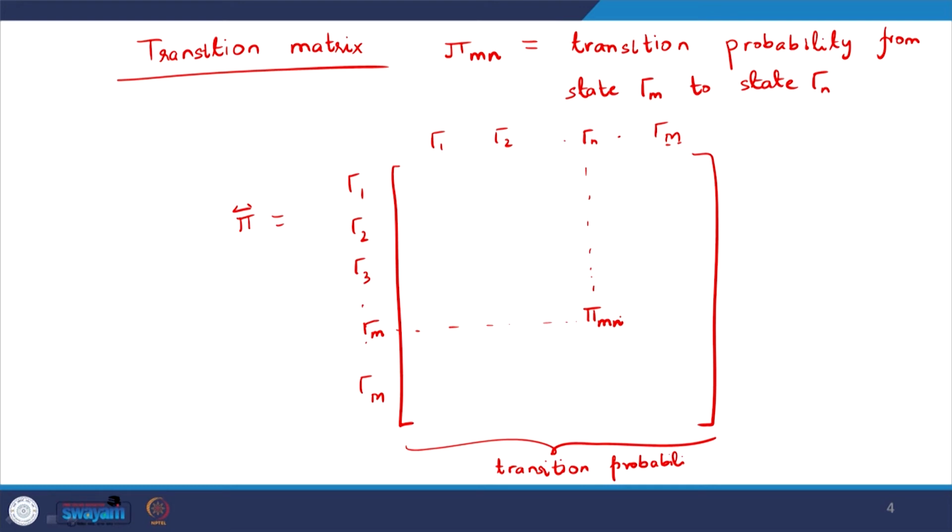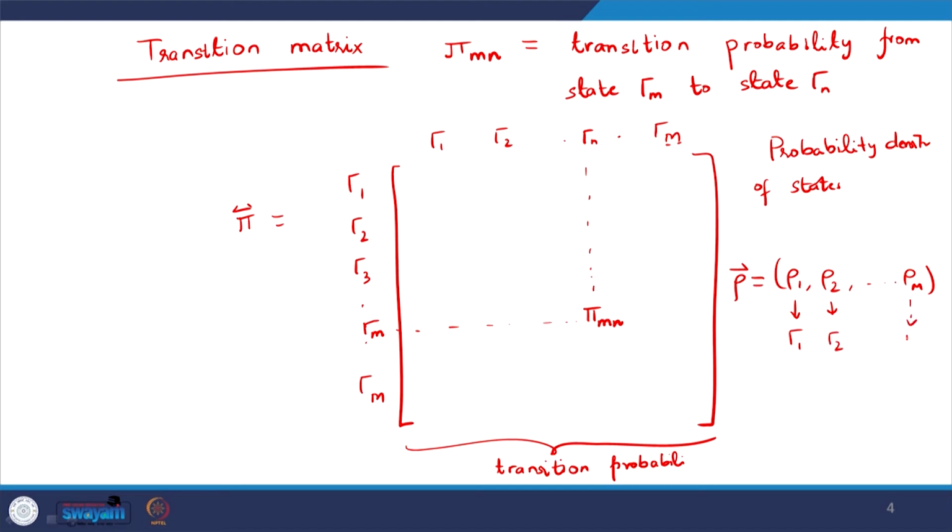So, now I can also write the probability density of states as a vector of rho 1, rho 2 to rho m, where rho 1 is the probability density to be at gamma 1, rho 2 is the probability density to be at gamma 2, and rho m is for gamma m.